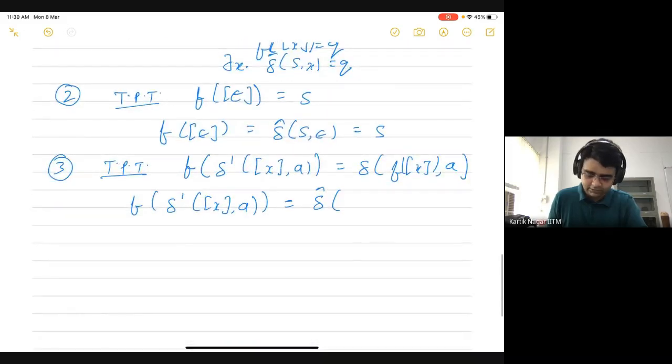So let's first apply the transition function here. f of delta prime of x a is the same as f of xa, which in turn is the same as delta hat of s comma xa.